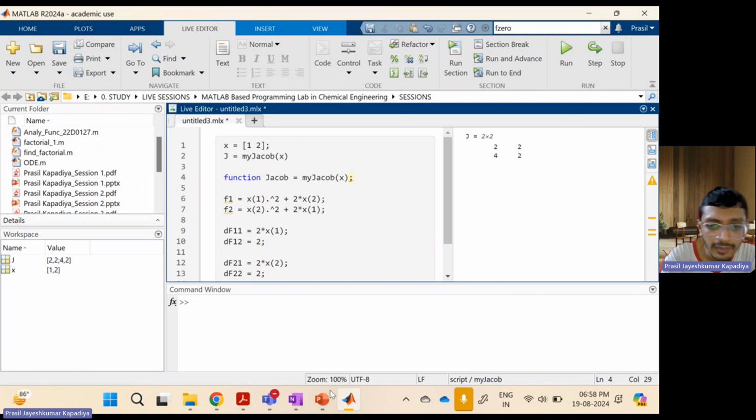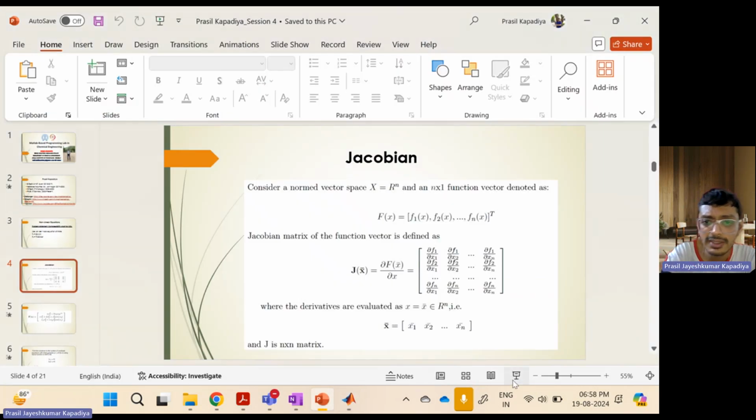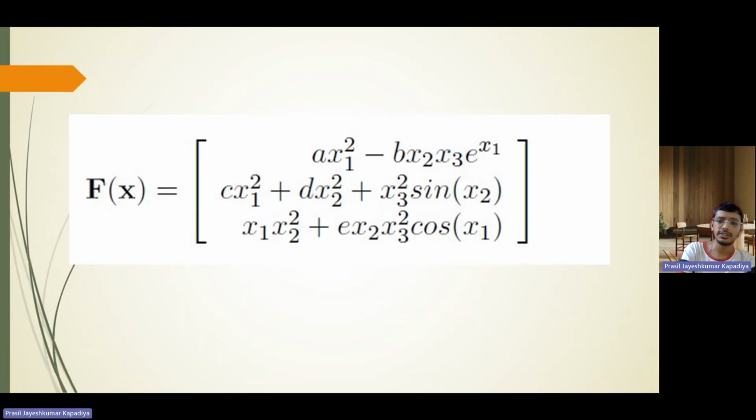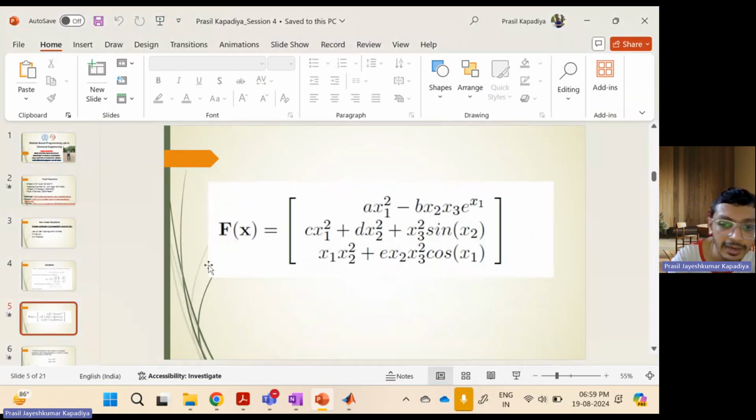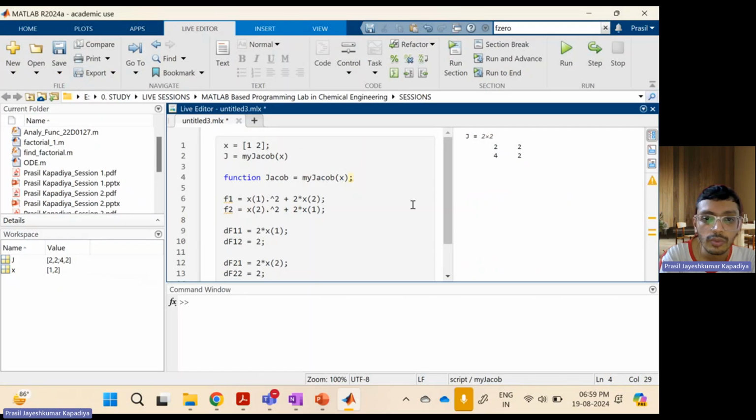So let's do one thing. Let's calculate the Jacobian of this function: a x1 square minus b x2 x3 e raised to x1, and this whole matrix. So let's write it down. Let's say I am calculating it at minus 1, 2, 4, and I will be calling the function.